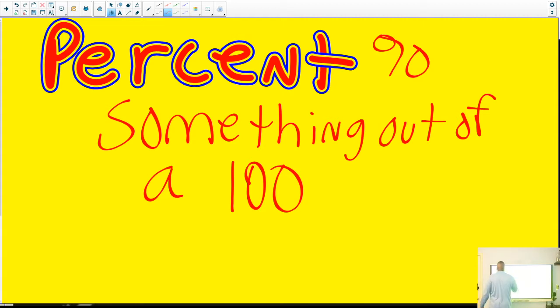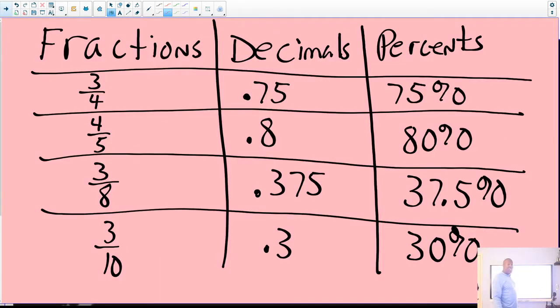Did you realize that fractions, decimals, and percents are all cousins? Hey, percent, do you know fractions? Yeah, that's my cousin. Hey, decimal, do you know percent? Yeah, that's my cousin. That's right.